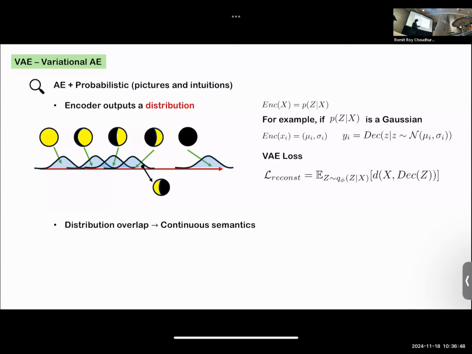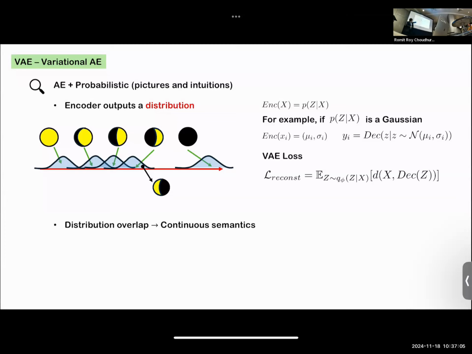And now the reconstruction loss is that I sample from the encoder, and then I decode it and compare it with my original image. This is the reconstruction output. This is the reconstruction loss.